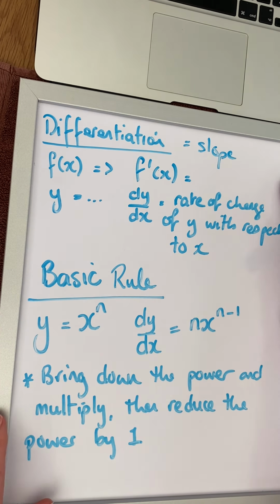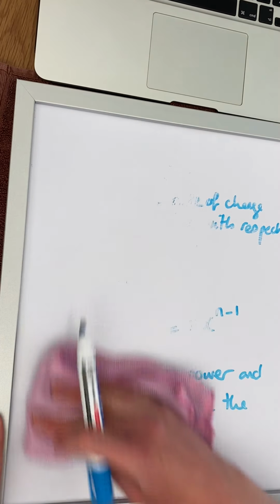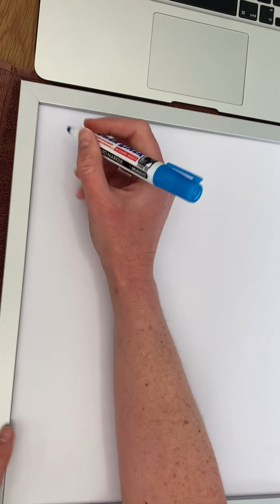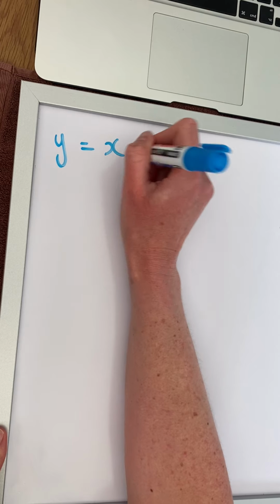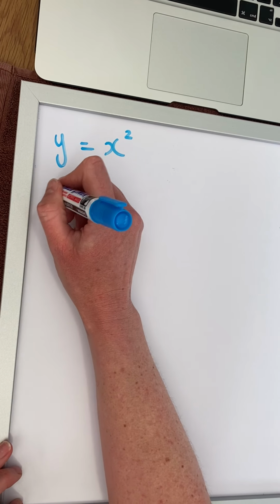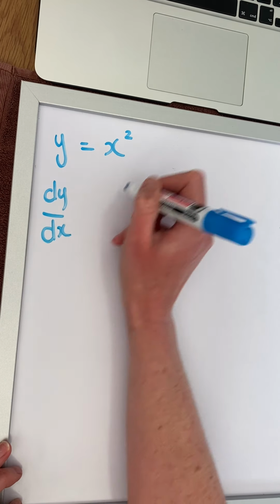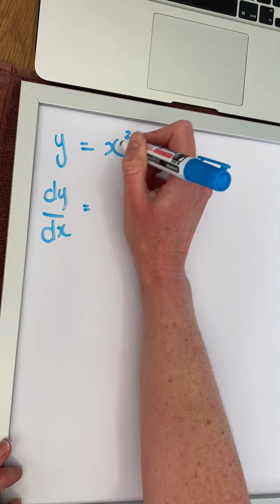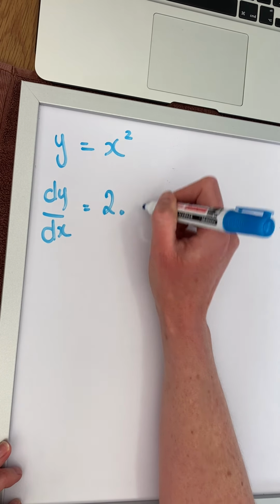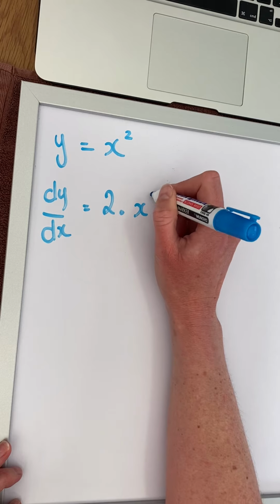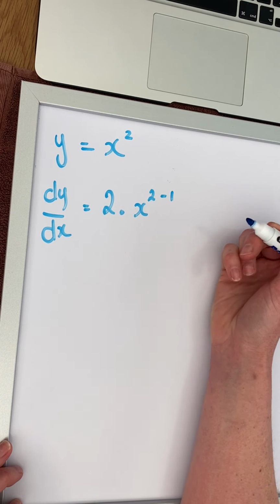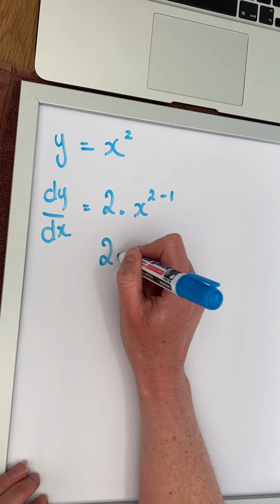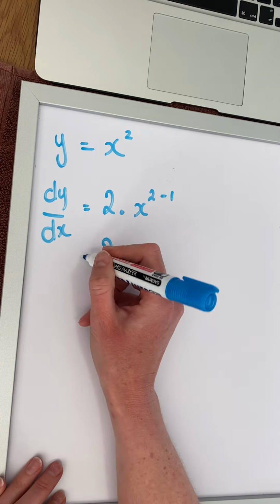So if we look at some basic examples where we have y is equal to, for example, x squared. When we're looking at dy dx here, we're going to bring down the 2, so the 2 comes down and is multiplied by our original function, and we reduce that power by 1, so that becomes 2x to the power of 1.